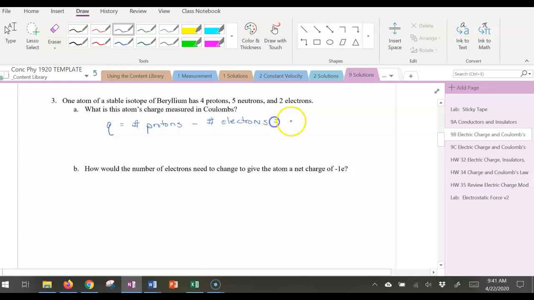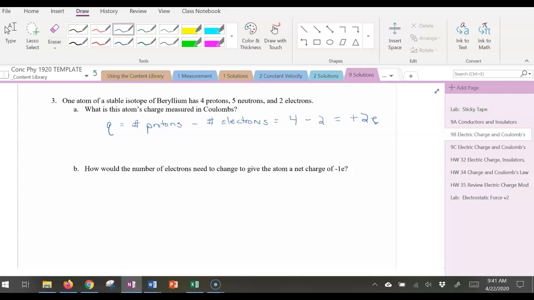So that must be 4, since that's the number of protons, minus 2. So it has a charge of plus 2 elementary charges, right? It has 2 more protons than it has electrons.